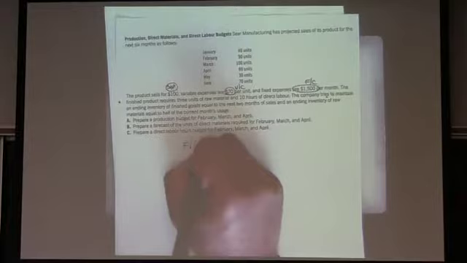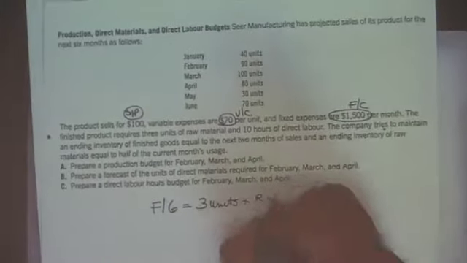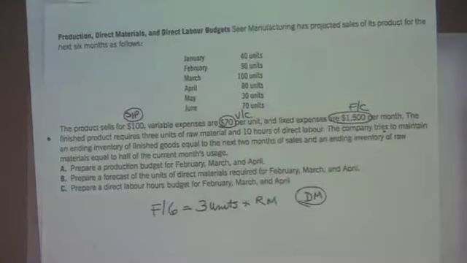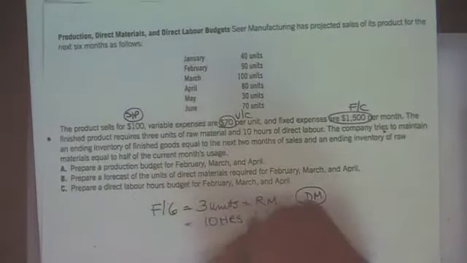Now, it says the finished goods require 3 units of raw materials, so that's direct materials, and each finished good requires 10 hours of direct labor.